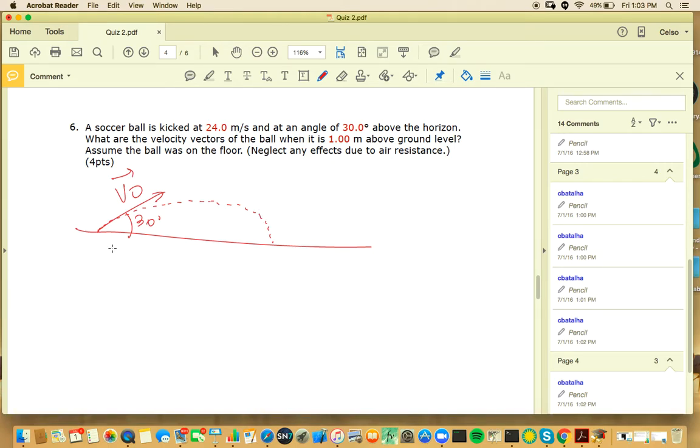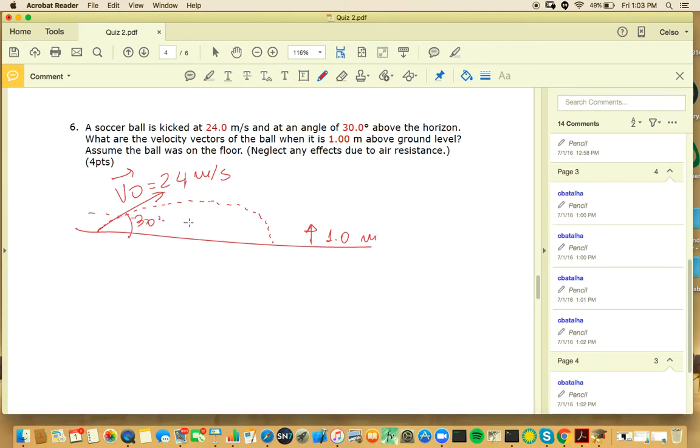Okay, so the magnitude of this vector is 24 meters per second. The angle is 30 degrees above the ground, or the velocity vector of the ball when it's 1 meter above the ground, so 1 meter.